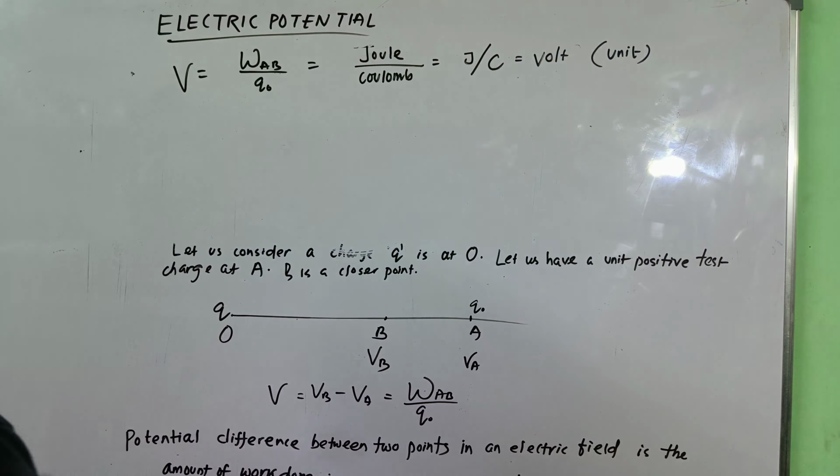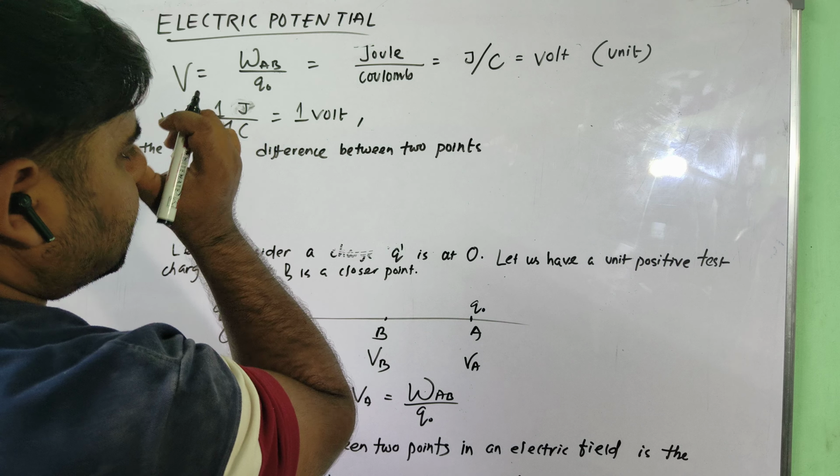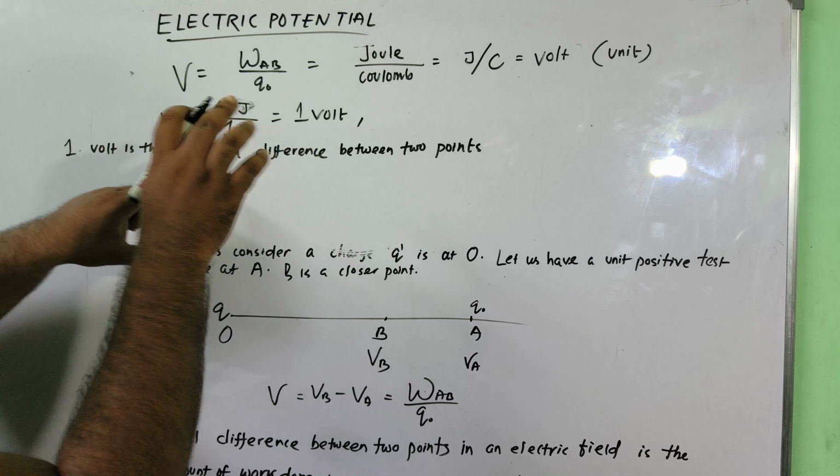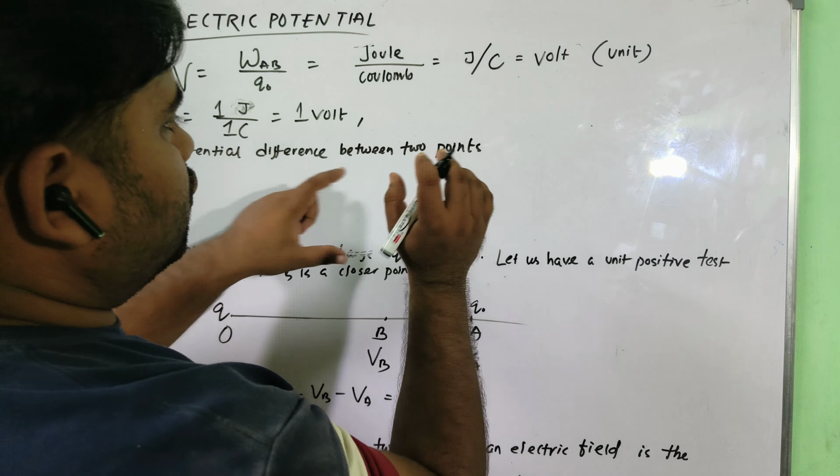So if the potential difference between point A and B is 1 volt, then what should be its definition? 1 volt is the potential difference between 2 points in an electric field when, follow the definition, 1 joule of work is done to move the charge.